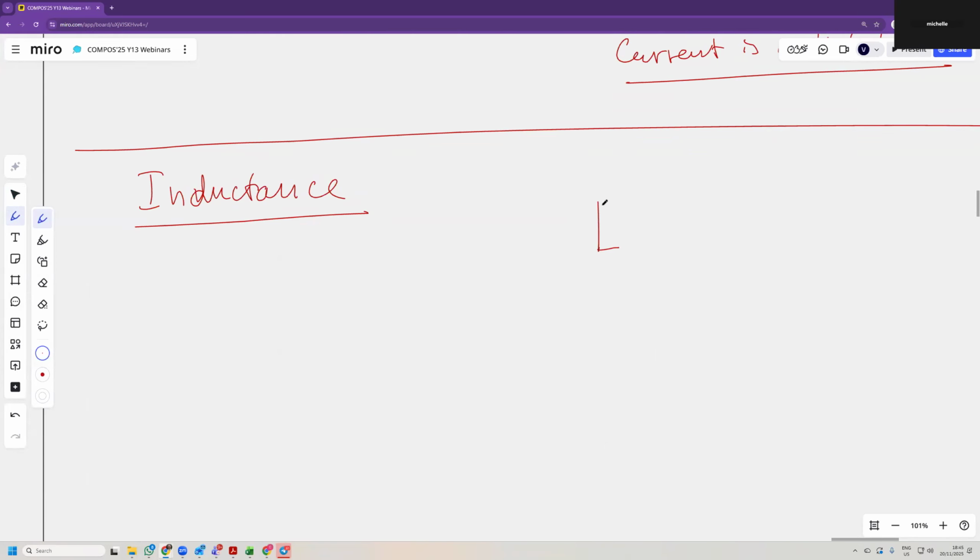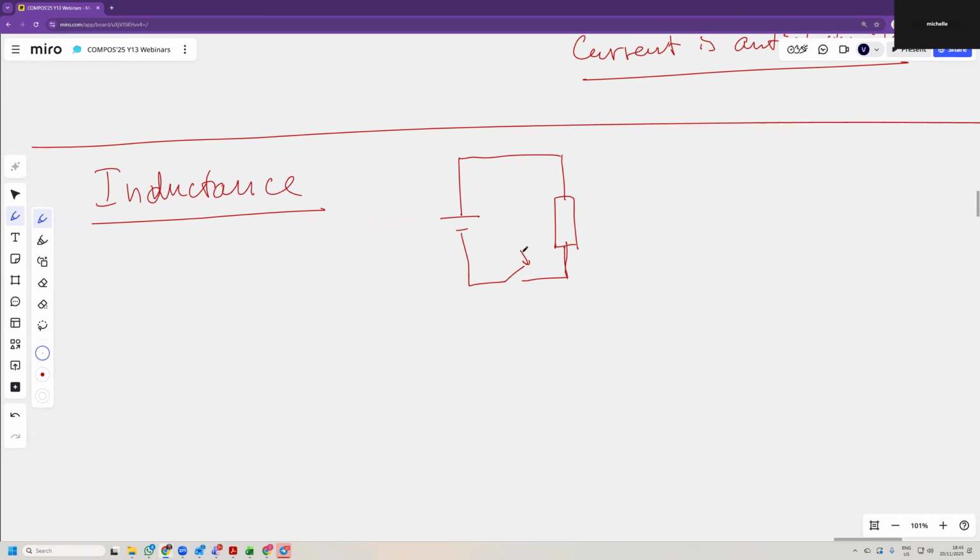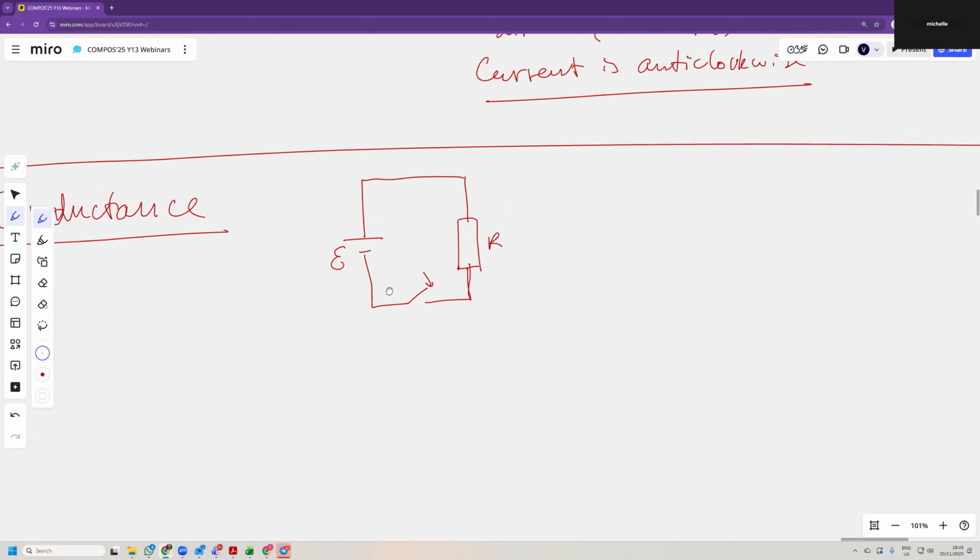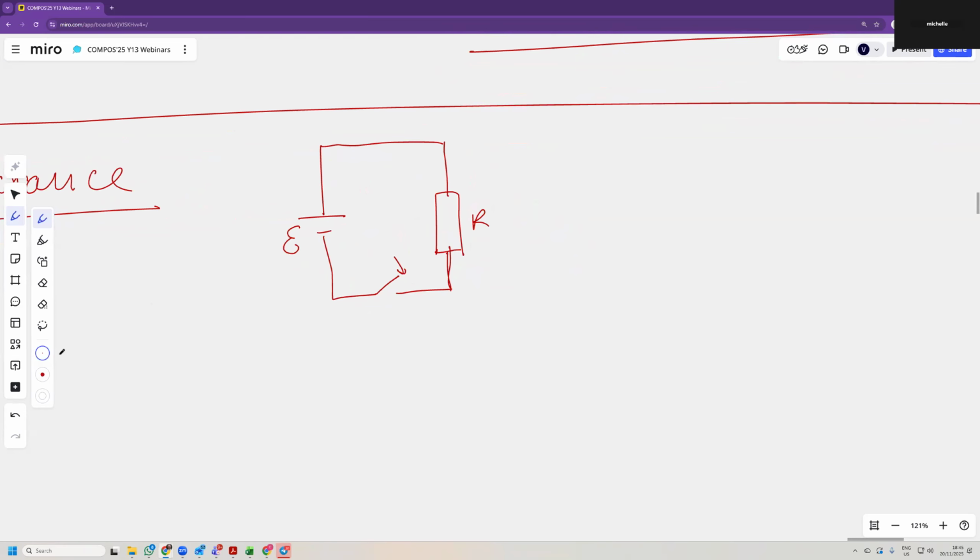You have a resistor, a battery, and a switch. And suppose you close the switch at some moment in time. How does the current change through time?